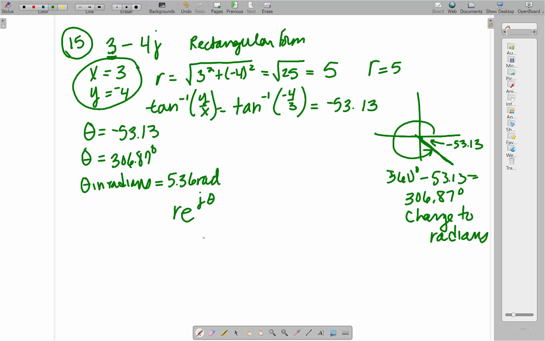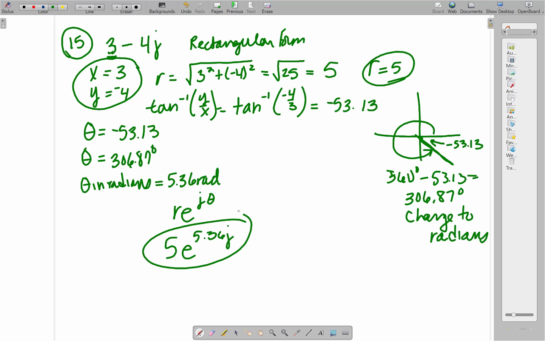R is 5, and theta is 5.36, so we have 5 e to the 5.36j. The only difference in this problem was when we had a negative angle, we had to first change it to a positive angle and then change it to radians.